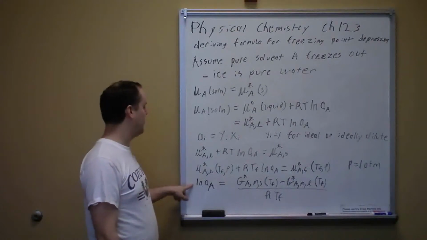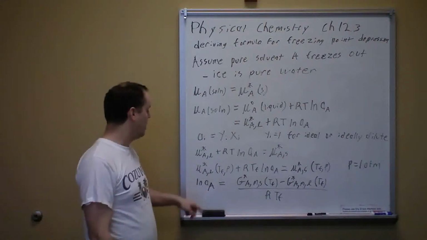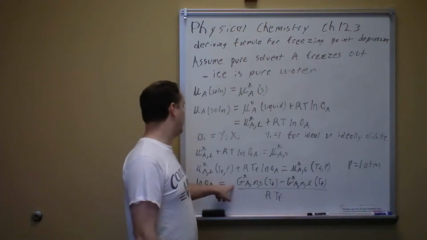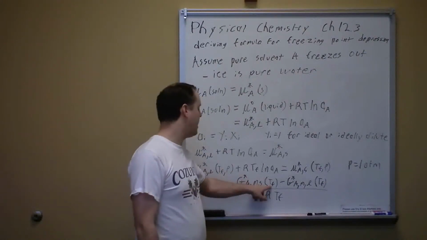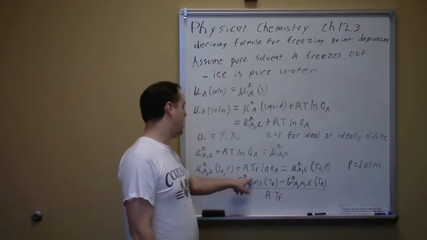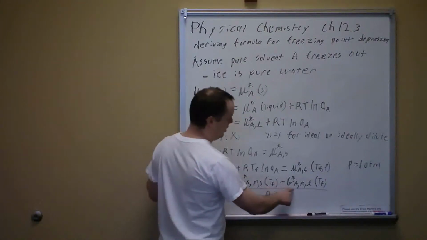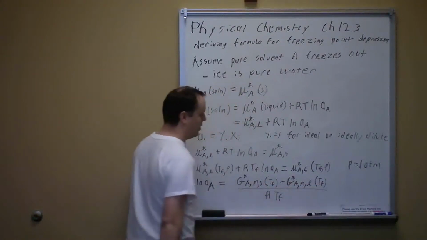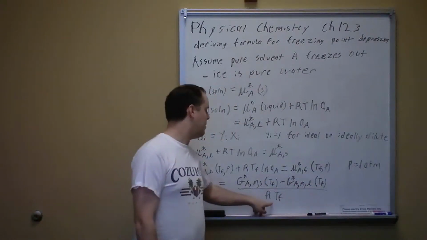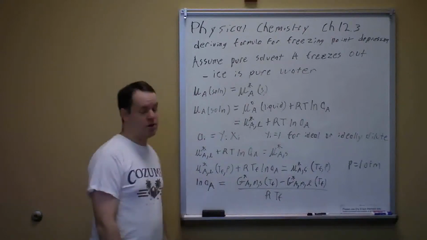So just solve for the natural log of the activity of A, and that's going to give us the molar Gibbs free energy in the solid form at the freezing point temperature, and that's pure, of course, minus the molar Gibbs free energy in the liquid form at the same temperature, the freezing point temperature, divided by R times the freezing point temperature.